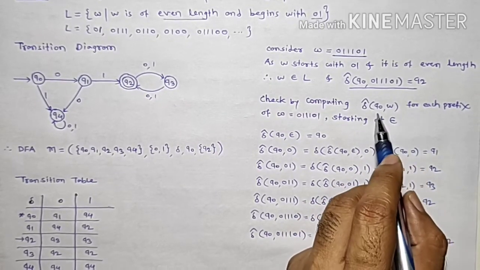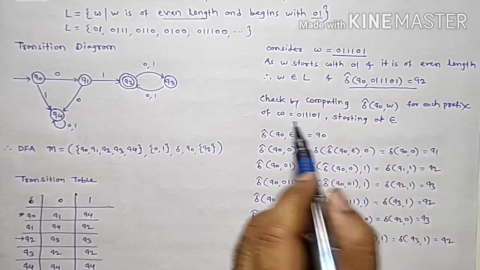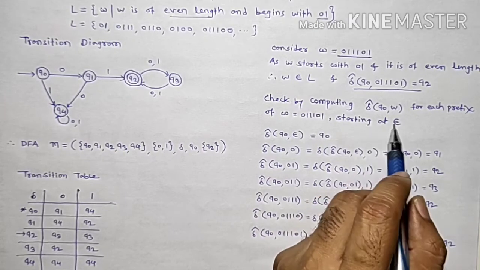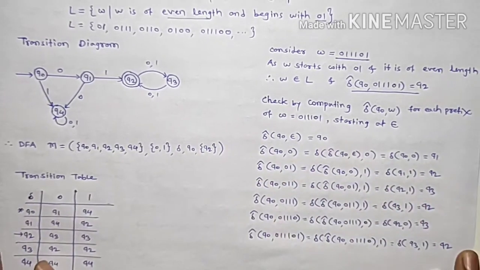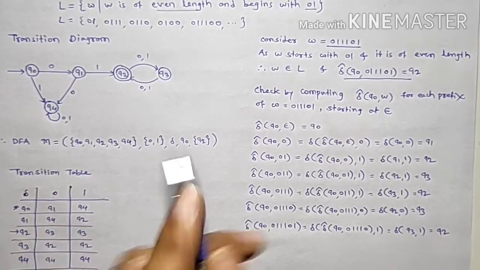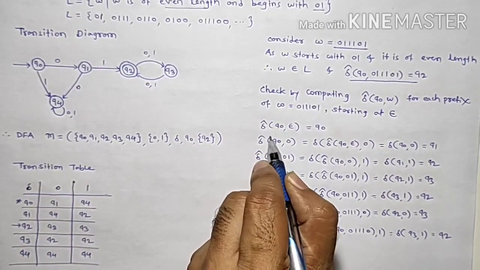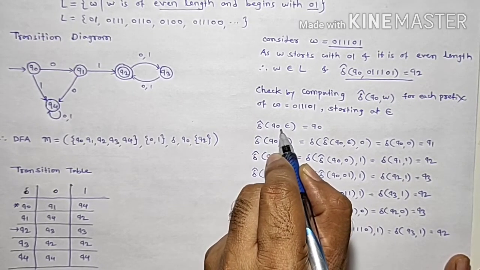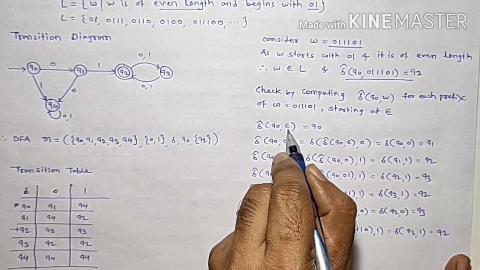We have to compute delta cap for each prefix of this string w, starting at epsilon. First, we compute the extended transition function for the prefix epsilon.